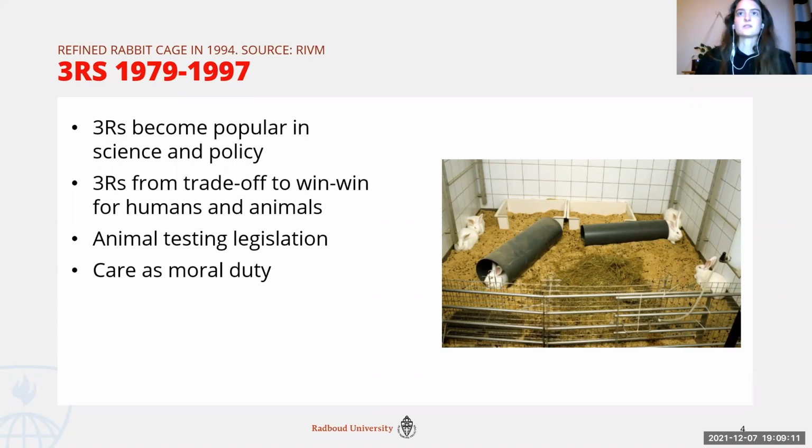The idea is that alternatives are good for humans as well as animals, because we only call something an alternative when it's better science than the animal test. So as long as we focus on alternatives, then everybody wins. And then we also see that many countries by this time have animal testing legislation that says you can only use animals if there's no non-animal alternative available.